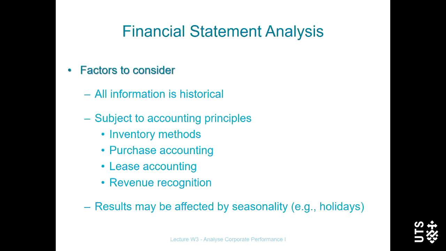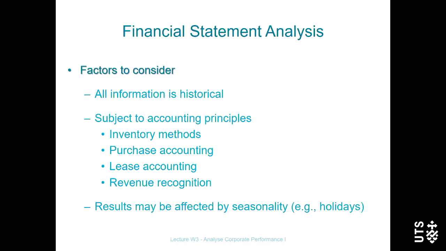So what do we need to consider when we look at the financial statements? Mainly, we need to understand that all the information there, or I would say more than 95% of the information, is historical. So you're looking at what happened in the past year compared in many cases to what happened in the previous 12 months.